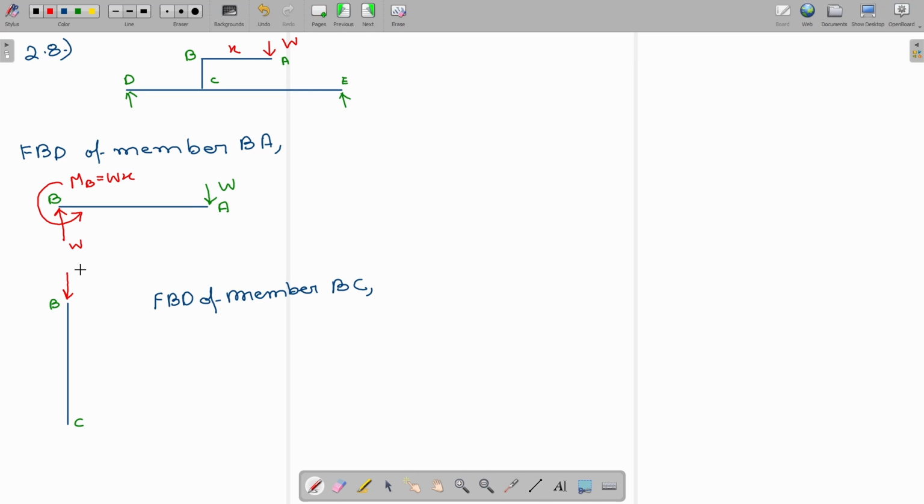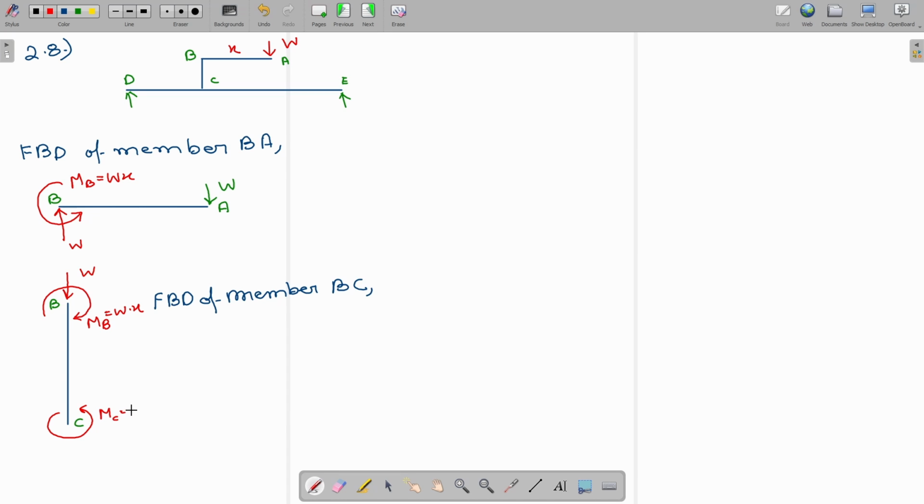This is the load W, and the moment here in this case would be in the clockwise direction. This is the moment MB, which is W into X. Similarly, at the point C, a reaction moment will be acting like this.